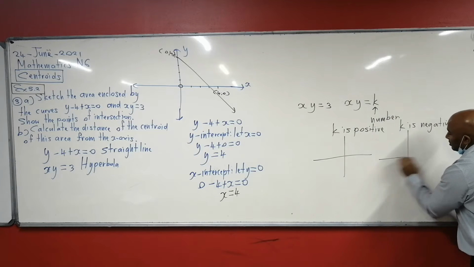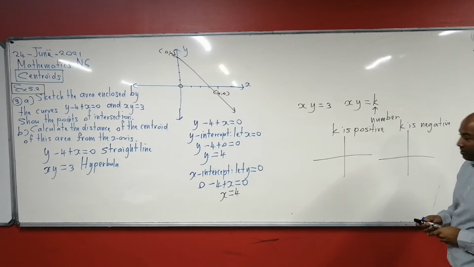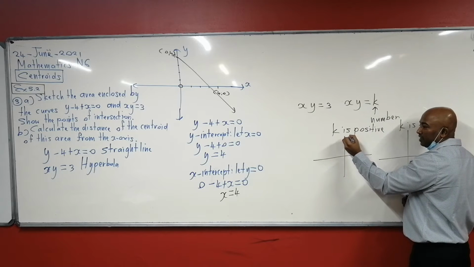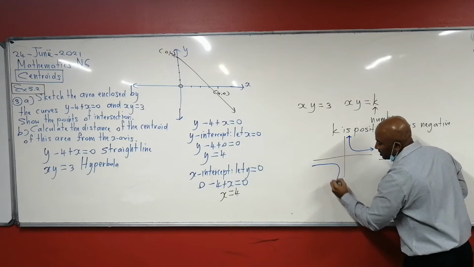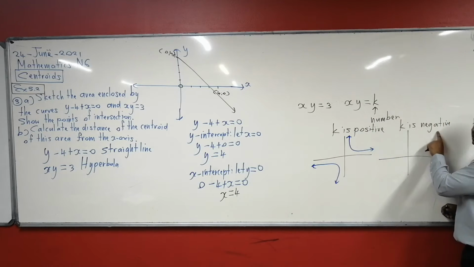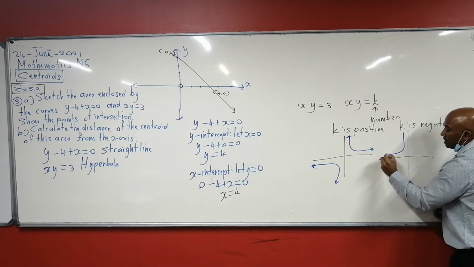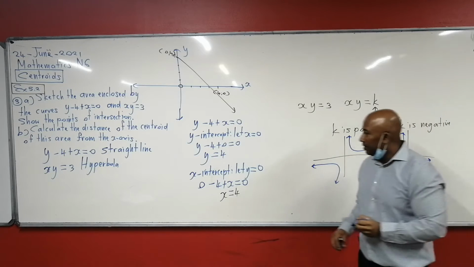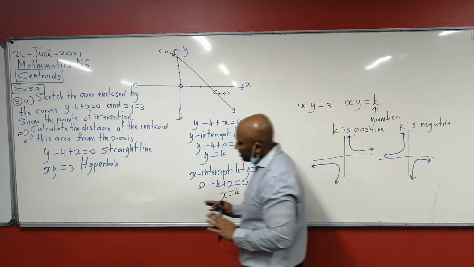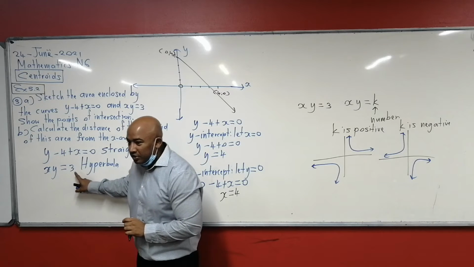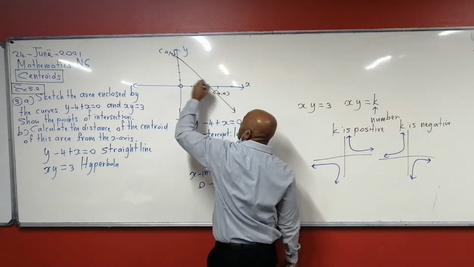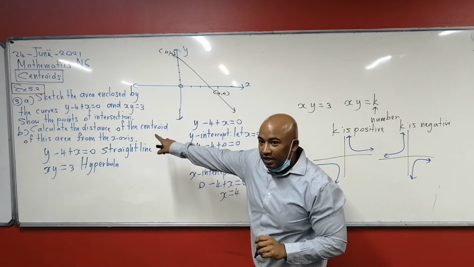You must know your graphs. For xy equal to k, if k is positive, you have a curve in the first and third quadrants. If k is negative, it will be in the second and fourth quadrants. In this case, x times y is equal to a positive number, so our graph will be in the first quadrant and third quadrant.